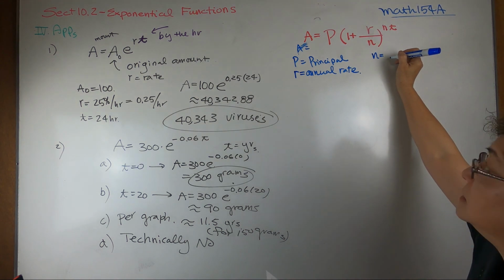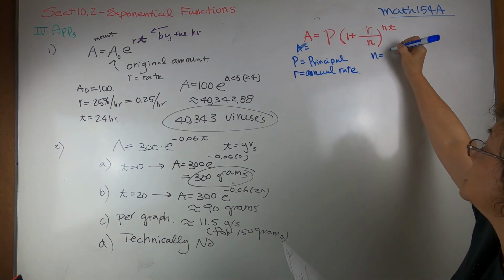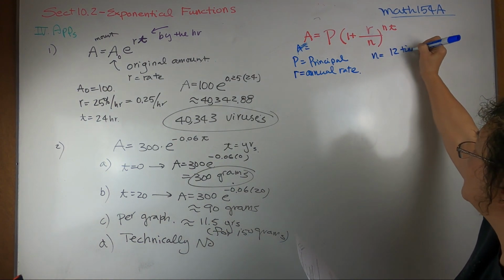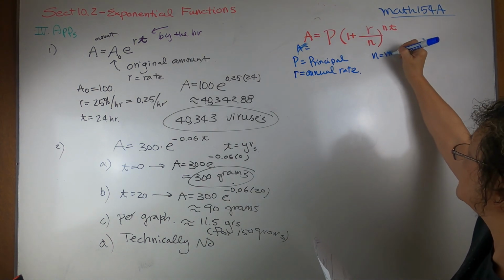What does that mean? If you compound monthly, that will be 12 times per year.